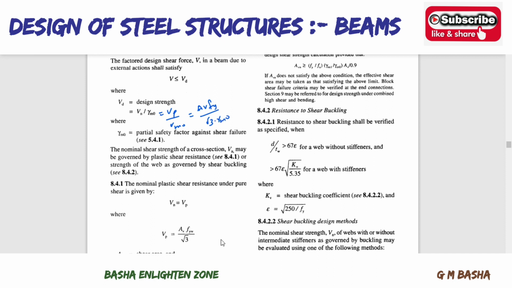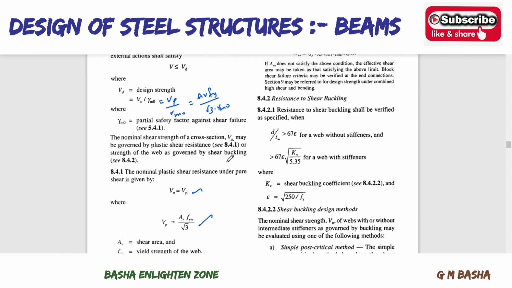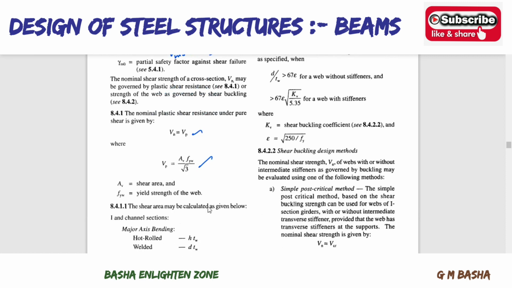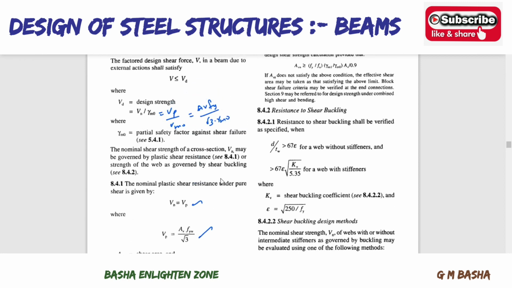I am just substituting in place of Vn, Vp. And again, we are choosing rolled beams only, which is h into tw for Av. Therefore, the final formula will be h into tw into Fy by root 3 gamma m naught. This is the formula for finding the shear strength. So I am taking the formula directly here.